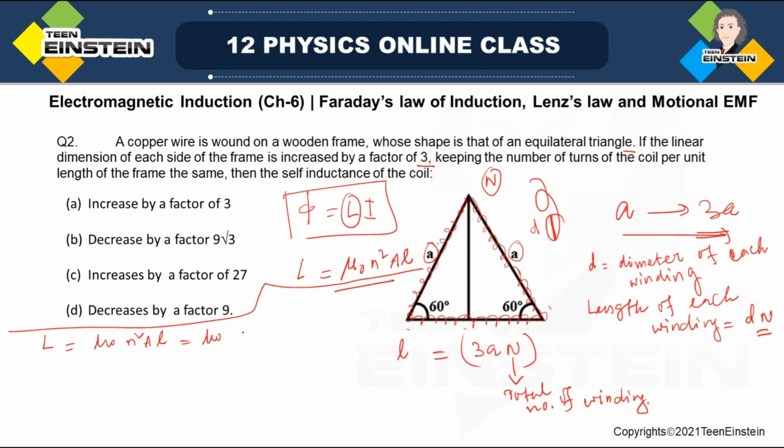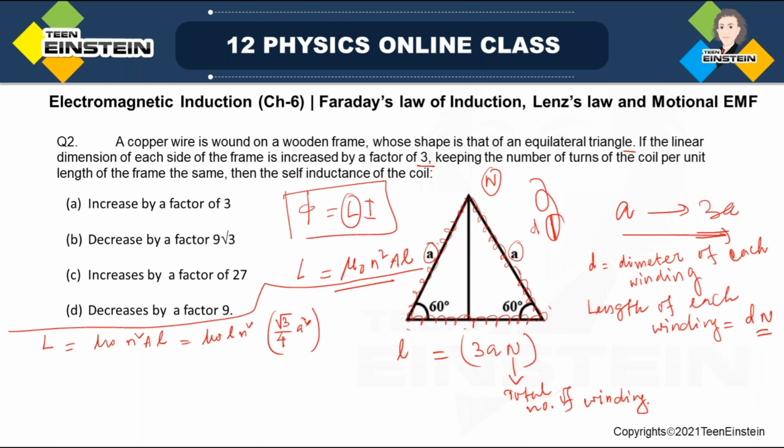So mu 0 l n square into A, where A is root 3 by 4 into a square.